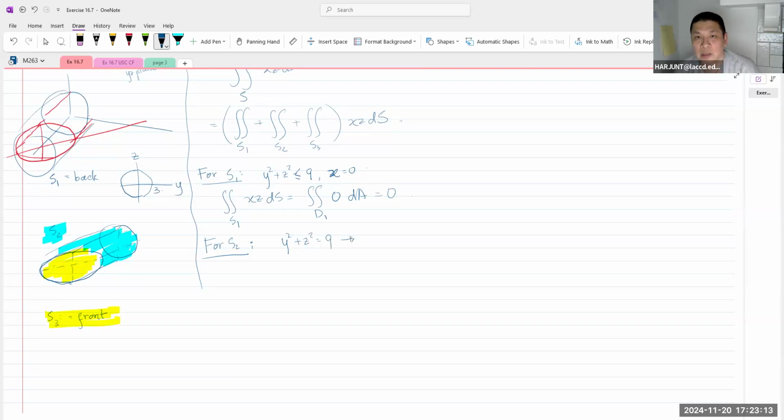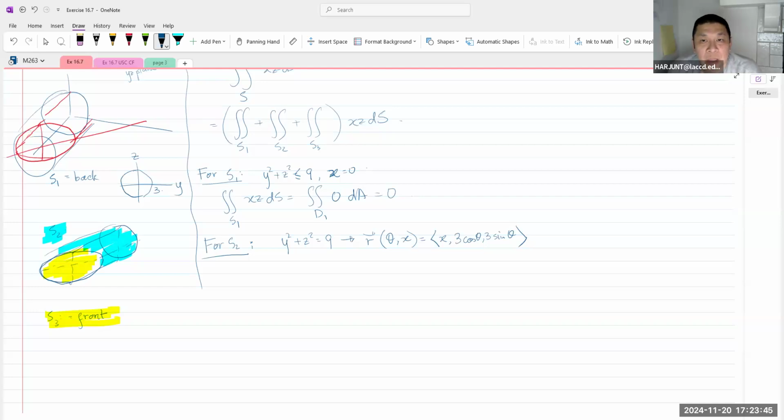So I will parameterize that with r of theta and x, where y is 3 cosine theta and z is 3 sine theta.